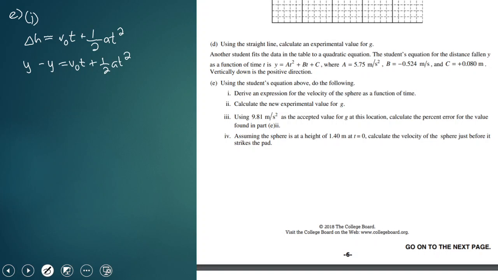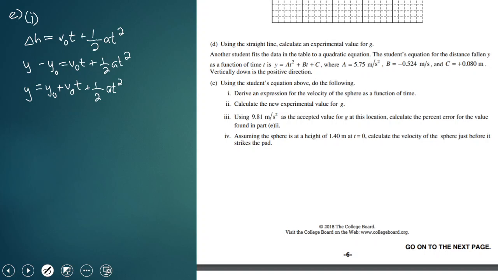And so I can rearrange to get Y is equal to Y naught plus V naught T plus 1/2 A T squared. And I believe this last formula is one they actually give on your formula sheet. So if you didn't want to do this work, you could just directly take that off of the formula sheet.